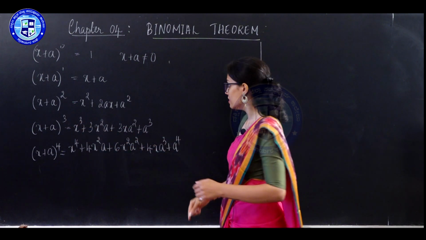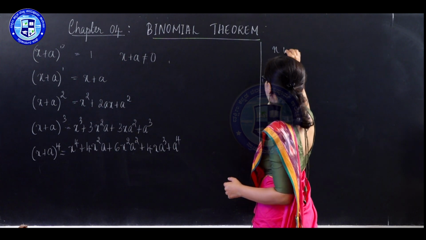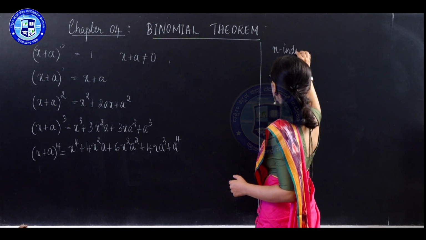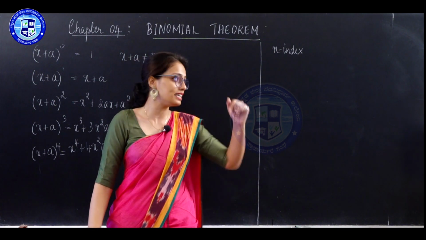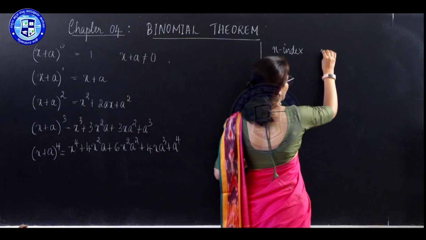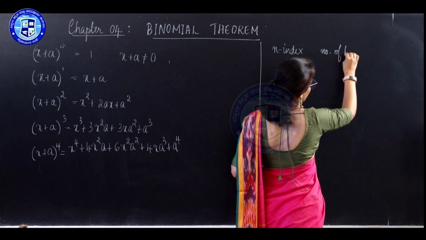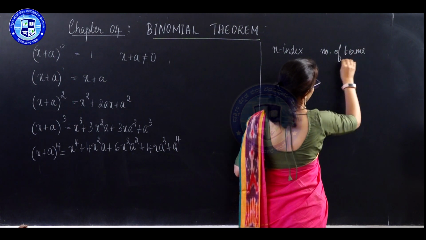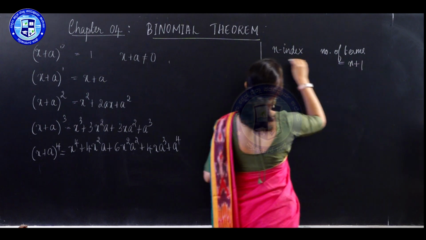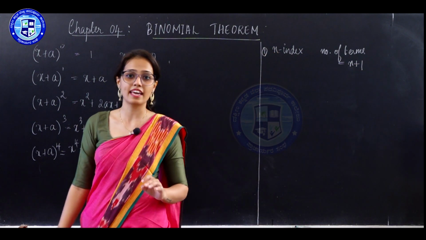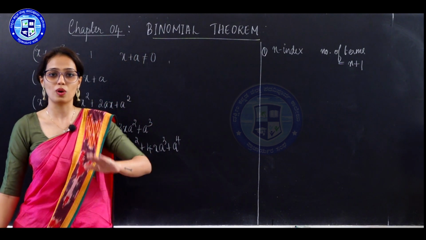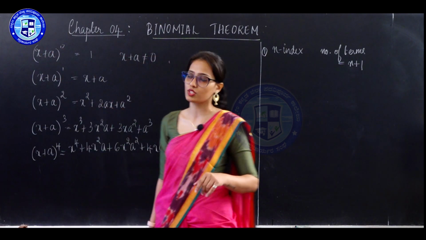So, in general, if n is the index, then the number of terms will be 1 more than the index. Therefore, number of terms will be equal to n plus 1. So, this is our first observation. If the index is n, then the number of terms is 1 more than that, that is n plus 1.